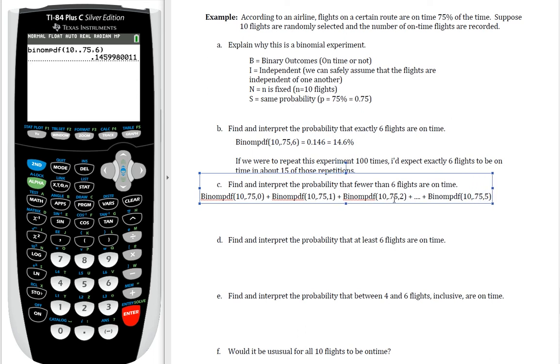I could do all of that if I wanted to. This would work just fine. If you notice, though, that will take quite a bit of time. So there is a little bit of an easier way, something that's a little more efficient.